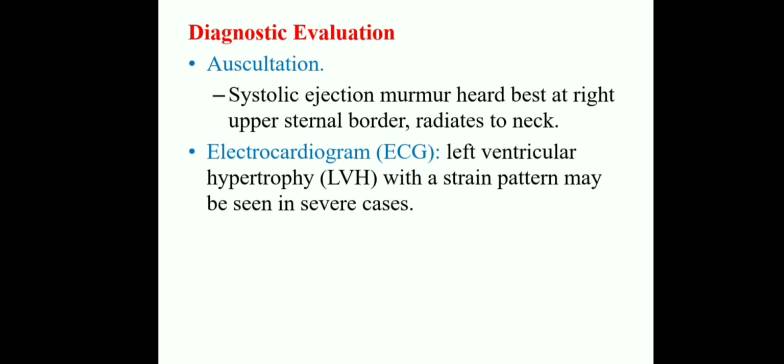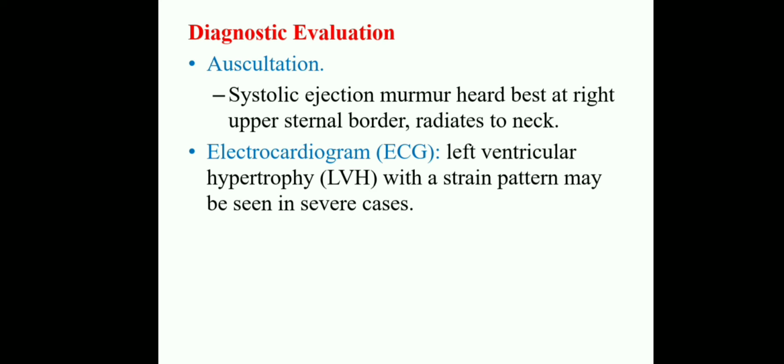Coming to the diagnostic evaluation, the first one is auscultation. Whenever we auscultate the heart sounds, there is a systolic ejection murmur, heard best at the right upper sternal border, and it radiates to the neck.